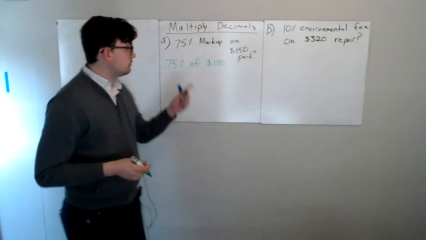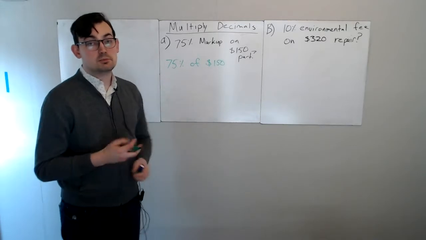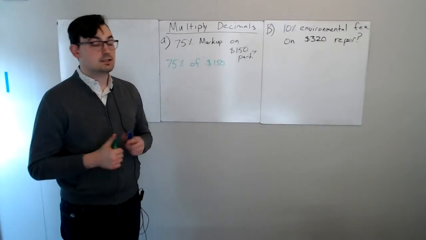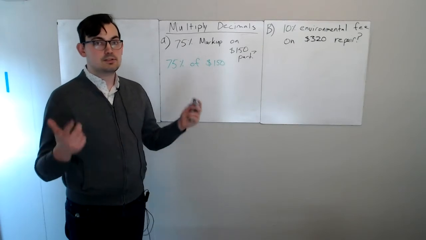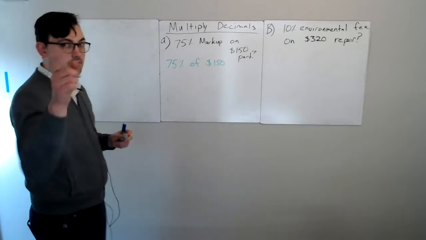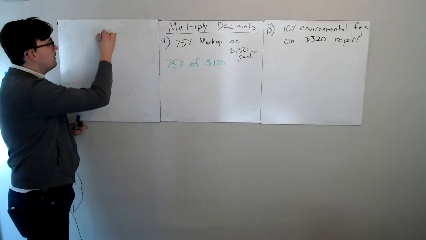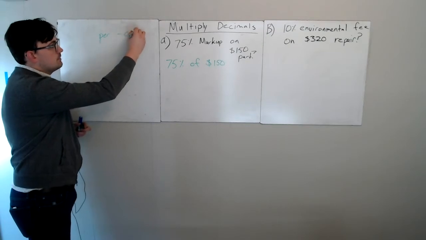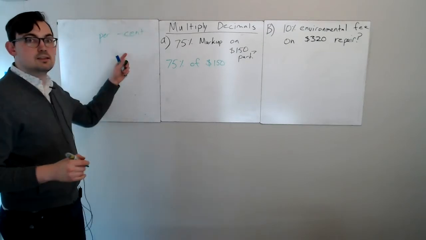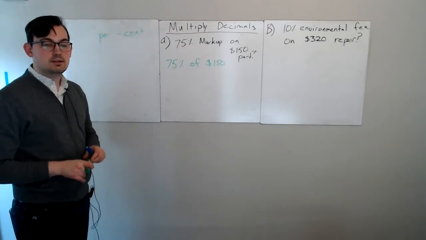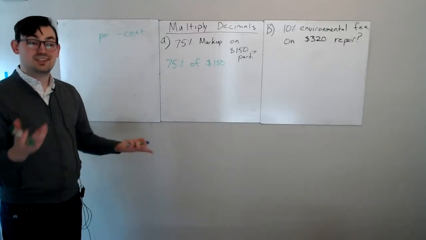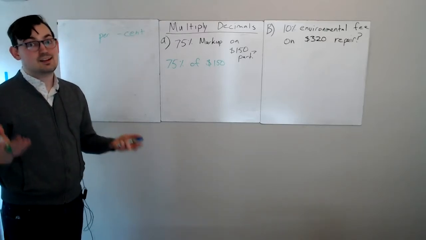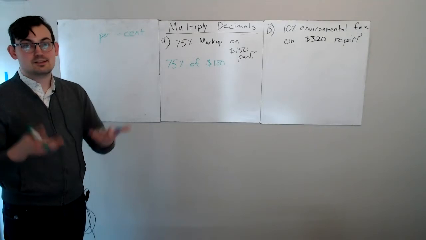And in math, whenever we see the word "of," that's a key word for multiplying. So in this particular case, I can convert this to a decimal, and I'm saying percent, right? I want you to think about percent. Now we see the word cent all the time. We talk about centuries, which is 100 years, or let's talk money: 100 cents is $1.